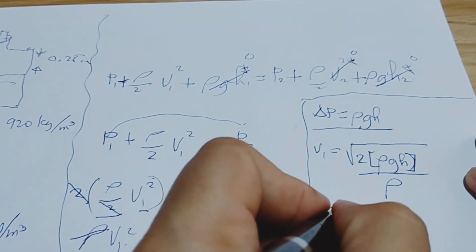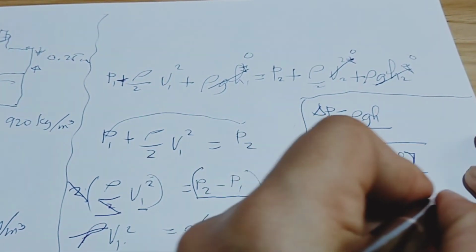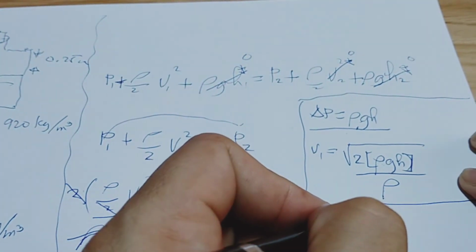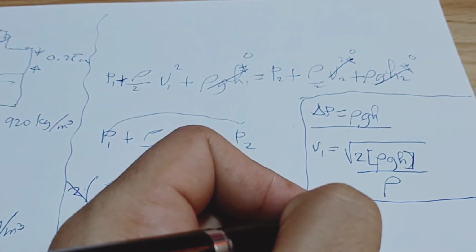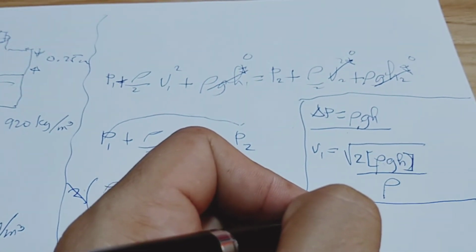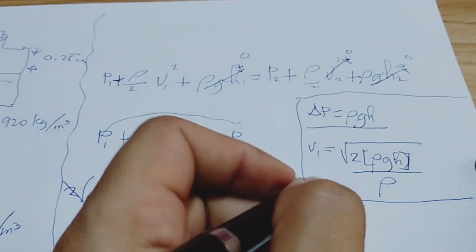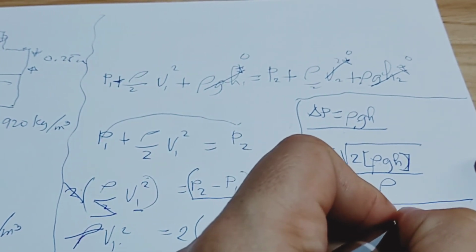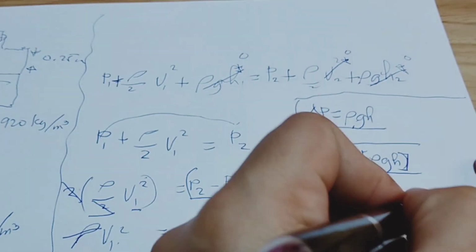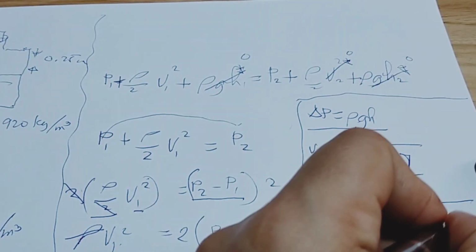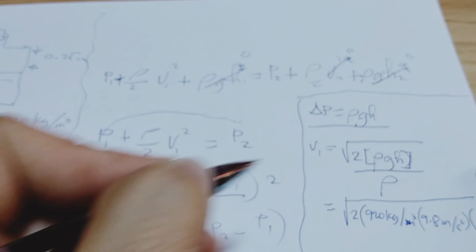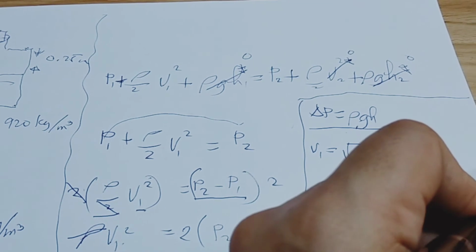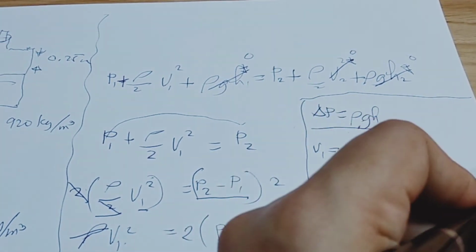By substitution, V sub 1 is equal to the square root of 2 times 920. Ang given natin, 920 kilograms per cubic meter times 9.8 meters per second squared times 0.25 meters.